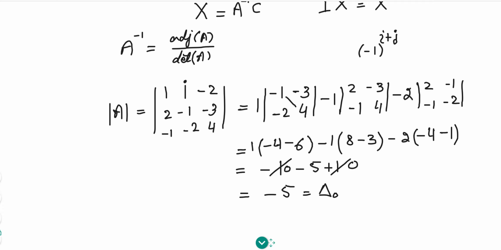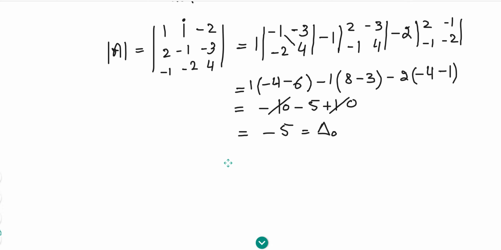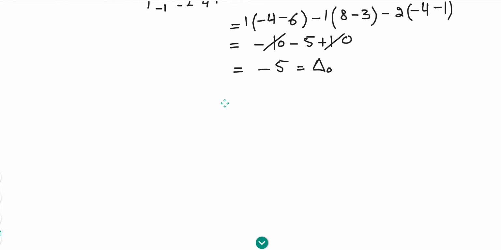Particularly it will be useful for Cramer's rule. So we are using the matrix rule so far. Now we need to find the adjoint. To find the adjoint, first we need to find the cofactors of A.